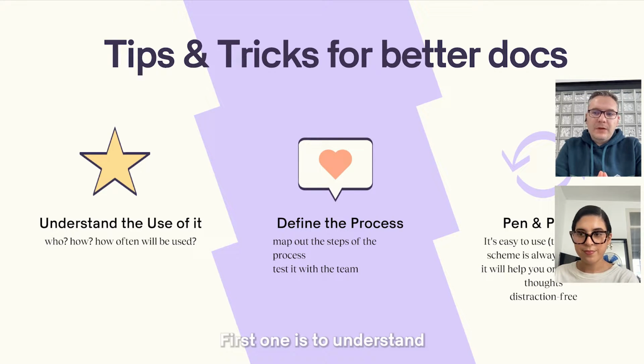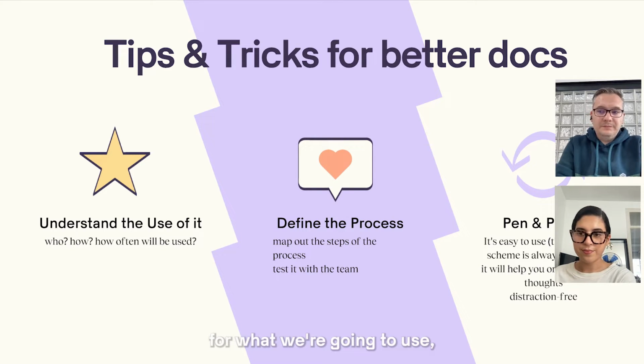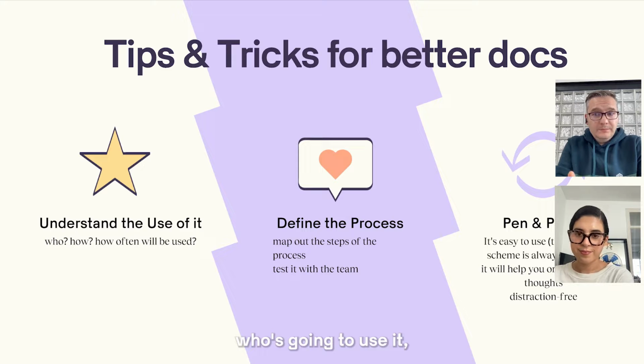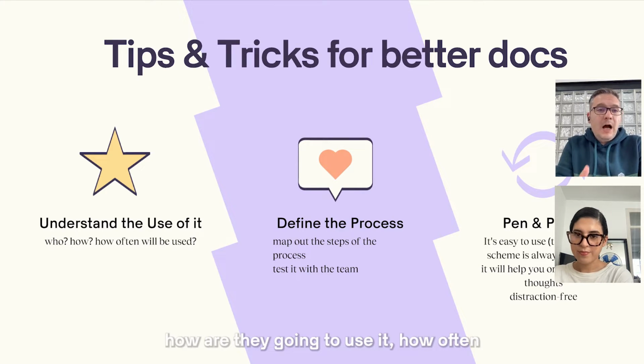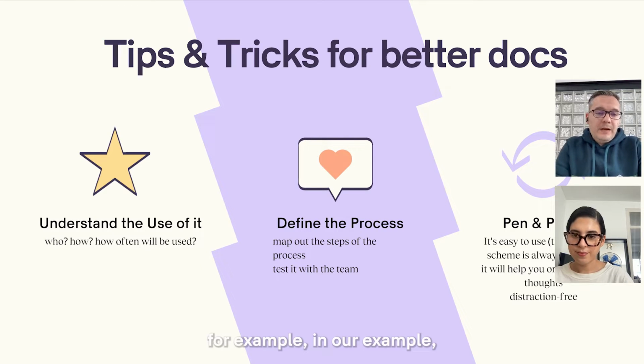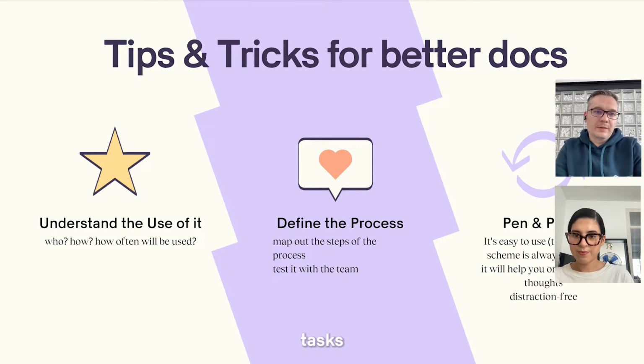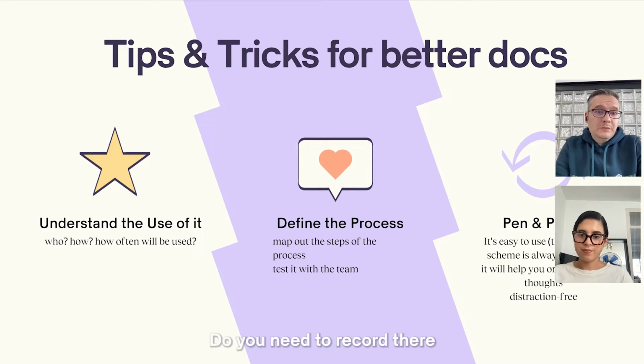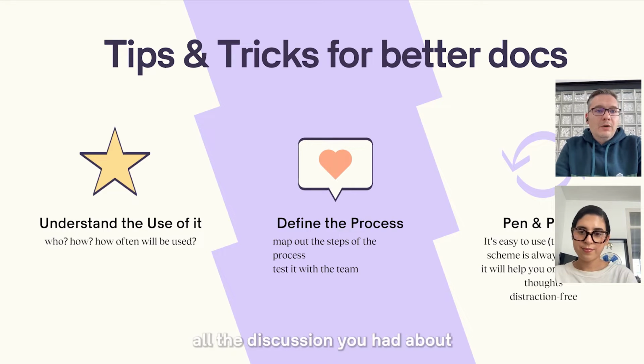First one is to understand the use of the documentation. What we're going to use it for, who's going to use it, how, and how often. You need, for example, in our example with the marketing document about tracking your tasks, do you need to record there all the discussion you had about changes or not?